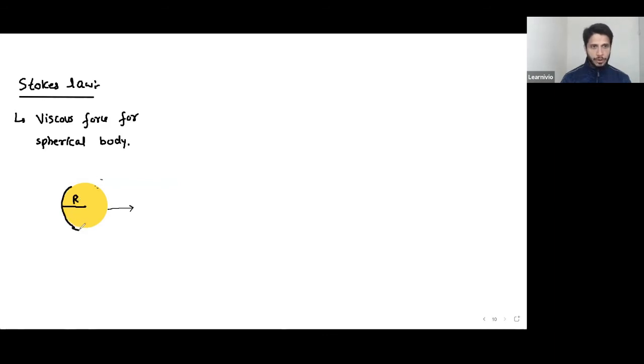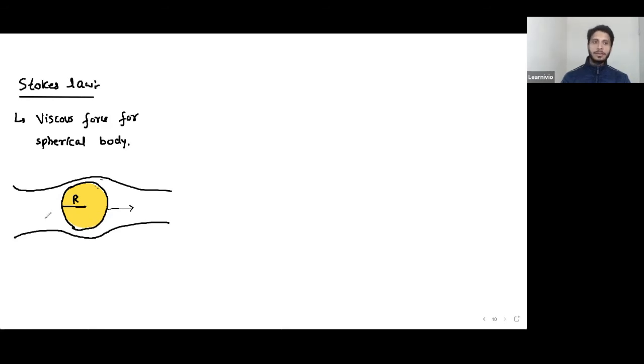This is what happens when you put a body inside a liquid. A layer of liquid gets stuck to the body. This layer of fluid is stuck to this body. So around this body you have fluid, and when you place this body inside a fluid, this fluid will exert a viscous force on the fluid which is attached to the body.